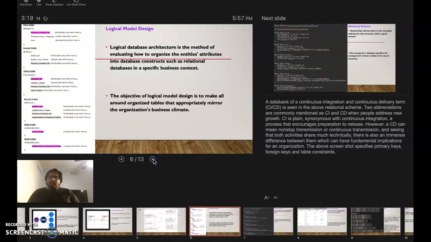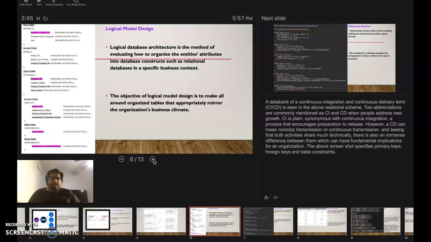Next concept is logical model design. A data bank of continuous integration and continuous delivery screenshot is seen here. The two abbreviations are commonly mentioned as CI and CD. CI is plainly synonymous with continuous integration, a process that encourages preparation to release.